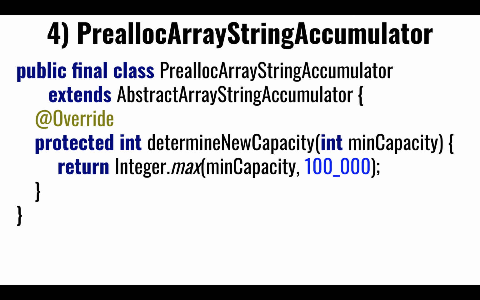So this is choosing perhaps some outrageously big number. We're using 100,000 here, or you could use some big integer or some number that we know is going to be the limit of some size of some array or some integer.